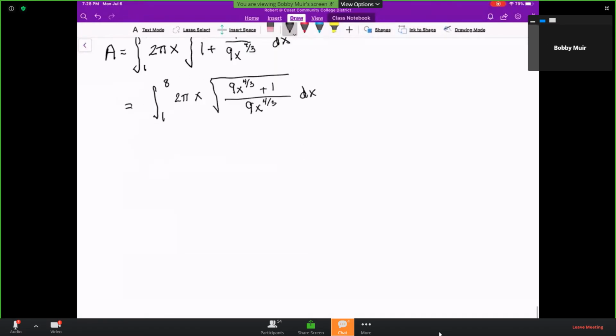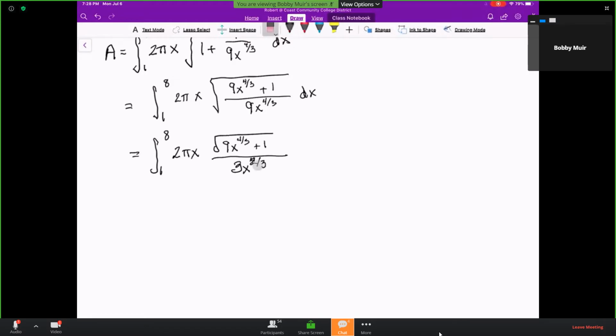And then he would probably undo the square root in the denominator, x to the 2/3.